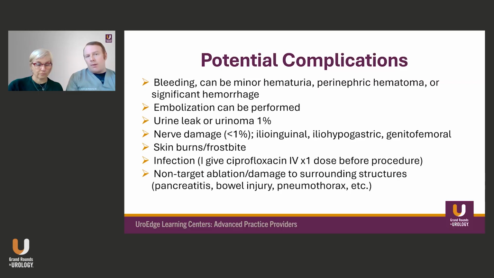So urine leak or urinoma, that's pretty rare. 1% is what's quoted. I would say the literature underestimates nerve damage. It's quoted as less than 1%. I would say, just anecdotally speaking, it's as high as 10%.